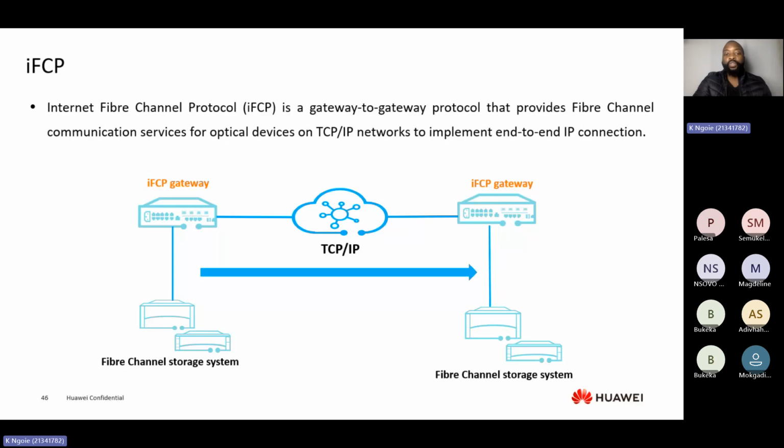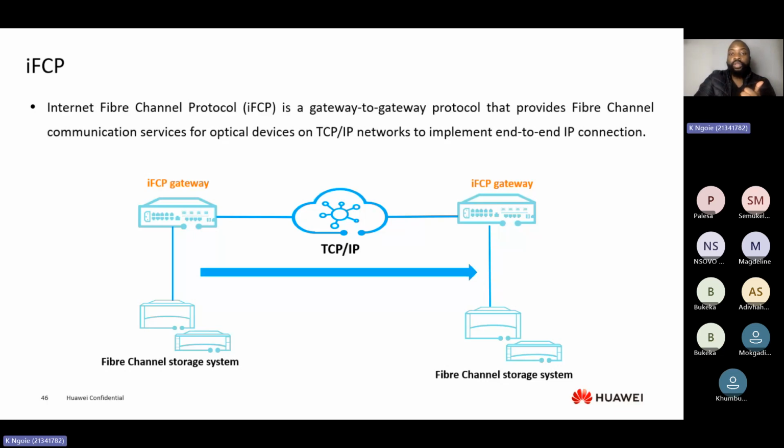So when we talk about iFCP, it's basically a kind of Fibre Channel communication service over an IP network. This is what we call a convergence method, where we allow Fibre Channel and the TCP/IP network to merge and work together.